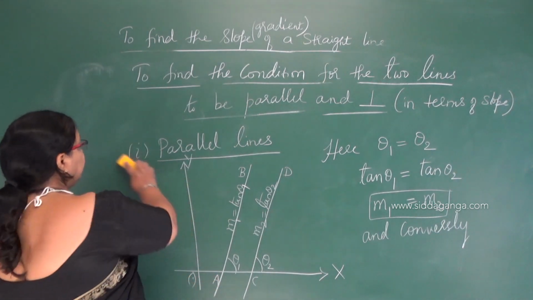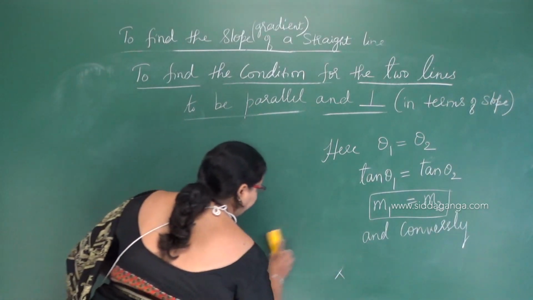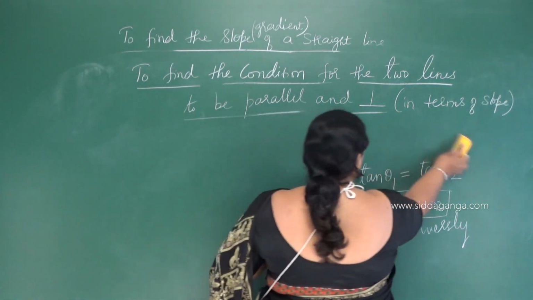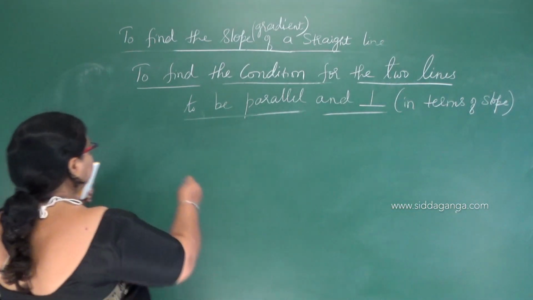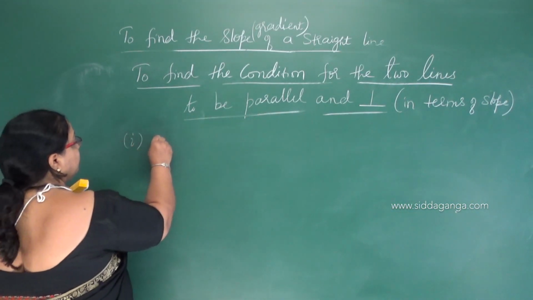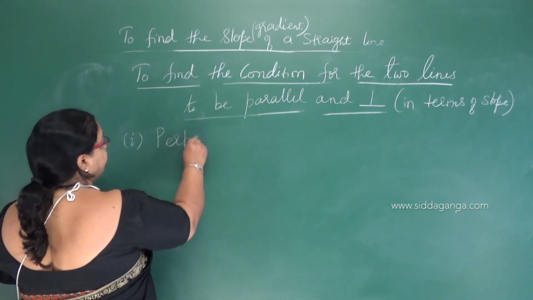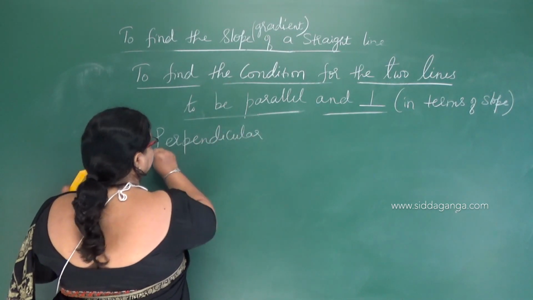So now the second condition here is if the given two lines are perpendicular to each other. The condition for perpendicular.